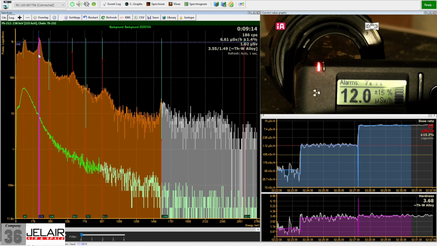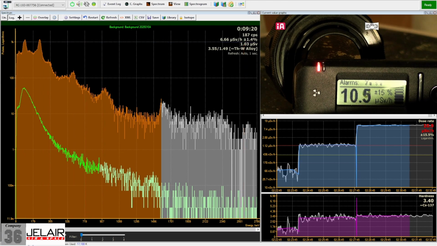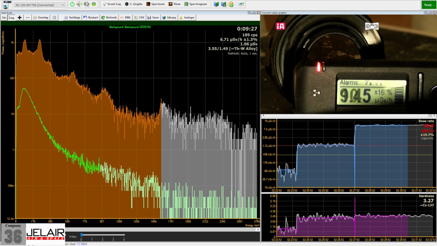Now, Thorium-232 emits mostly alpha particles, so I don't know how dangerous it is to use it on a camera. It's probably not likely that the particles will radiate through the camera and into your eye.